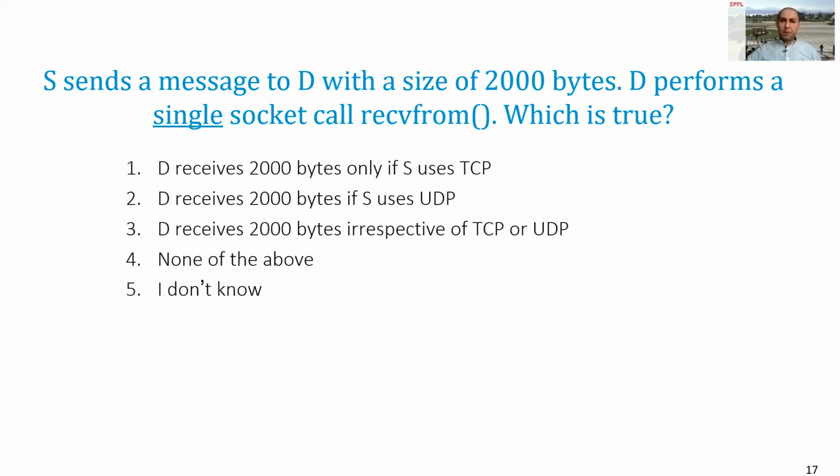With TCP, it's more complex than this. The data might be segmented, and the size of the segment depends on the flow control mechanism and on many other things. The unit of information with TCP is the byte. It's not a datagram. It's not a message. So TCP can do whatever it wants with these 2000 bytes.